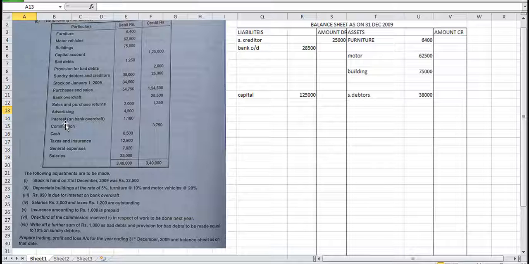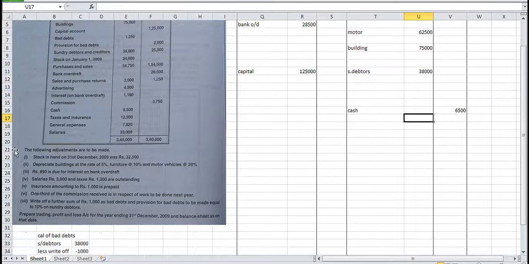Commission we have already taken. Cash is an asset, take the cash. Cash 6,500. Next, tax and insurance we have taken, general insurance and salaries.